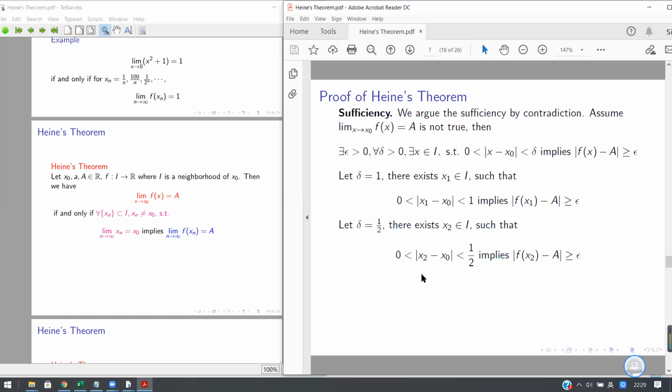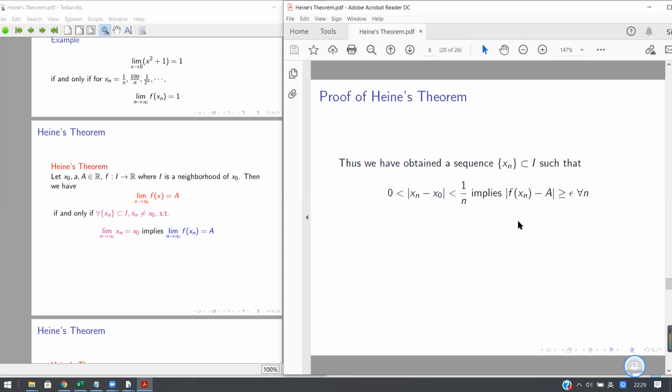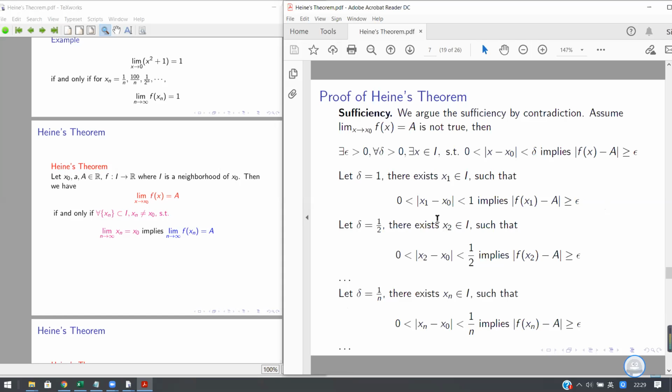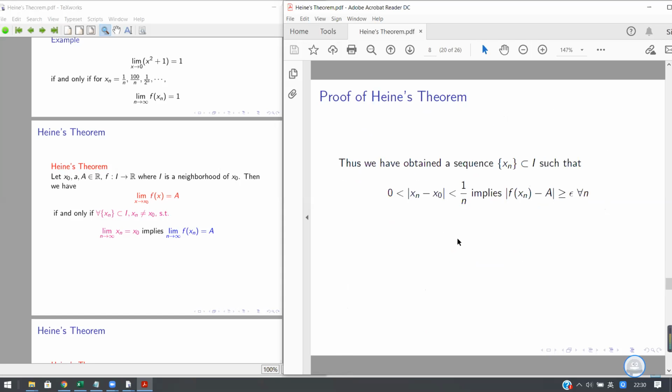And we can proceed with this, letting delta be 1/n. There exists xn such that this holds implies this holds. Now we have obtained a sequence xn such that this holds implies this holds for all n, right? Because for 1, for 2, for n, and forever.